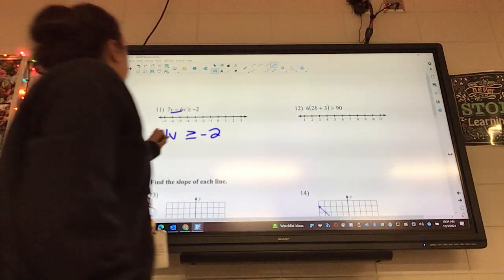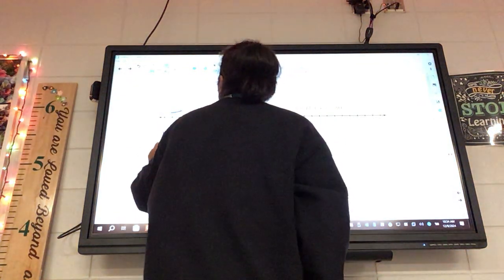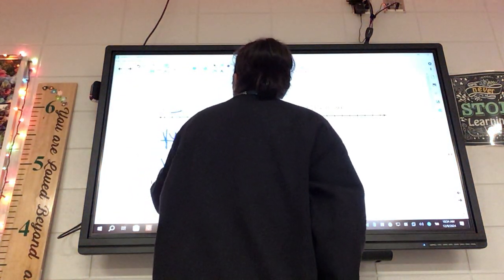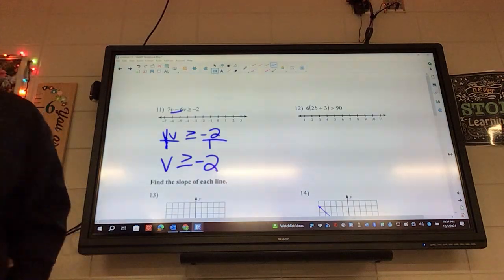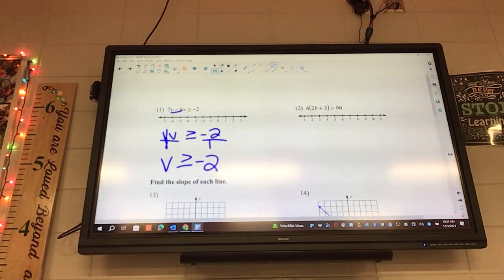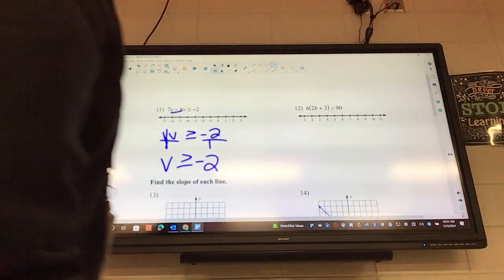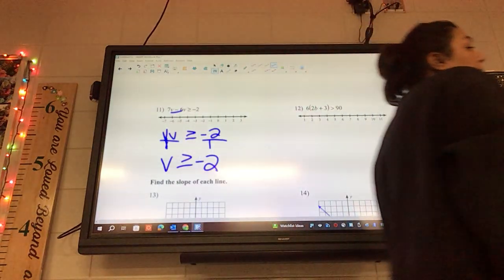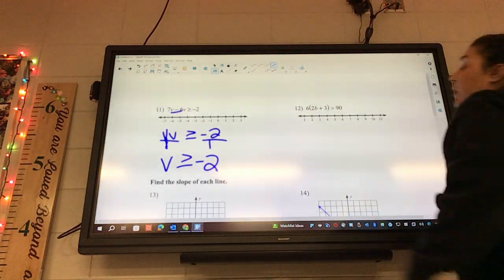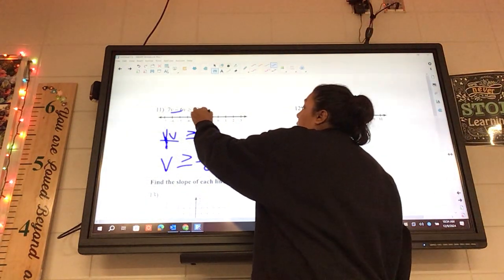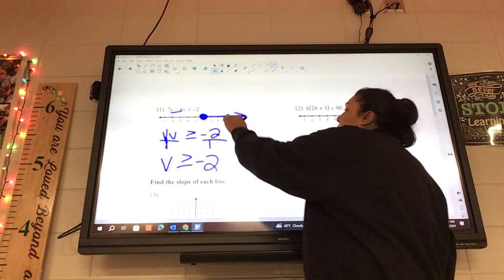Okay, and then divide by 1. Do we need to flip? No. Okay, we divided by a positive 1. Okay, on the negative 2, is that going to be open or closed? Closed, going which way? To the right.